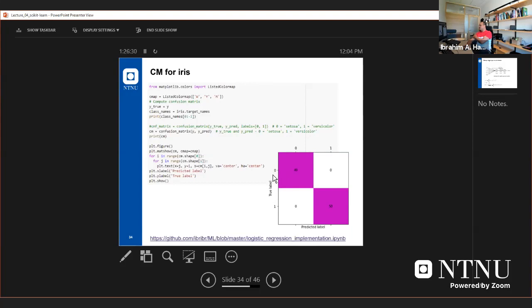We have 0 from this class classified as 1. We have 0 from this class classified as 0. We have 50 class 1 classified as 1. So all numbers across this diagonal, this is the true label and this is predicted, we try to maximize numbers across this diagonal. The off-diagonal ones are type 1 error and type 2 error, and we try to minimize them as much as possible.